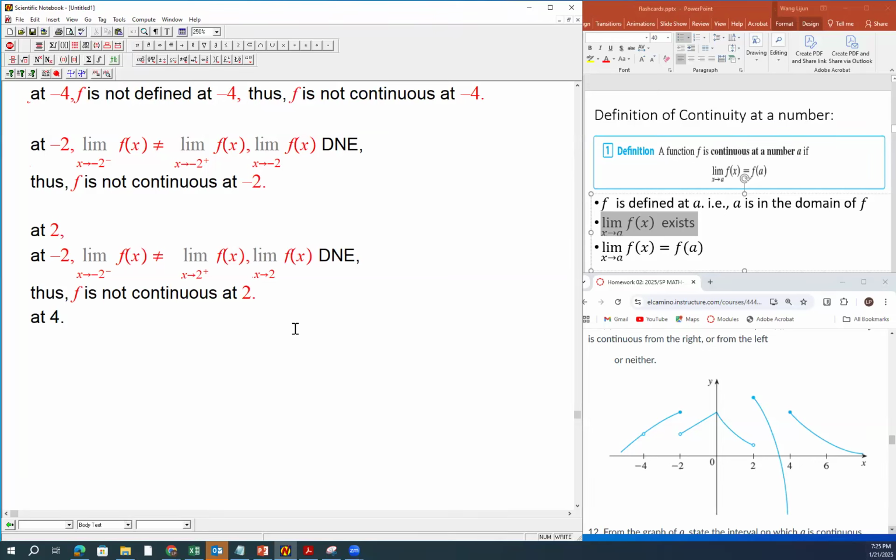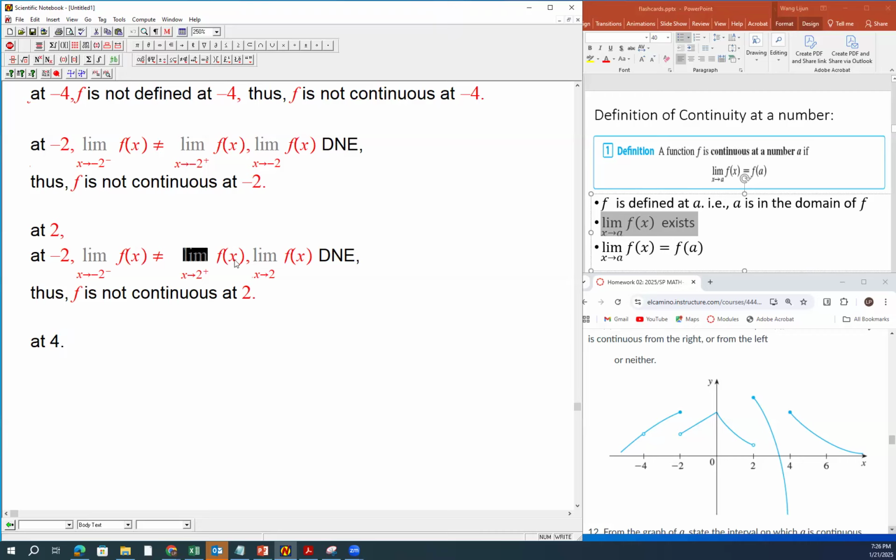Discontinuous at 4, the reason is a little bit different because you can use that the limit does not exist, which is obvious, but in this case, the limit from the right exists, right?